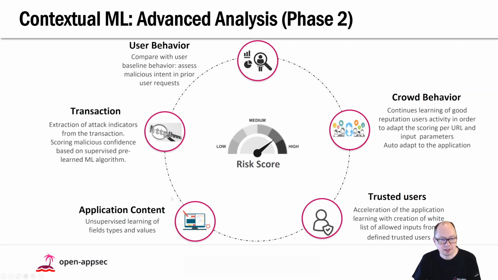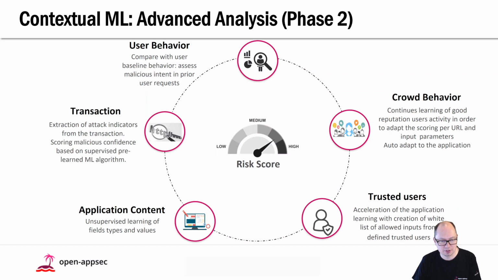Then we look at the actual application context. For example, are the indicators that we see something we typically see on that specific parameter, on that specific URL?